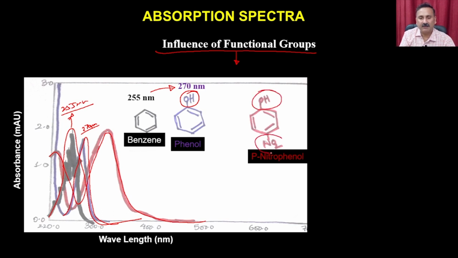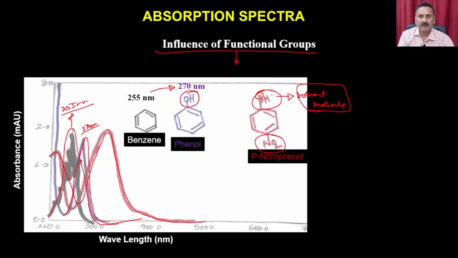Because you have now added the functional groups, and these functional groups are interacting with the solvent molecules, the electrons which are freely available to go into the higher energy state are restricted.